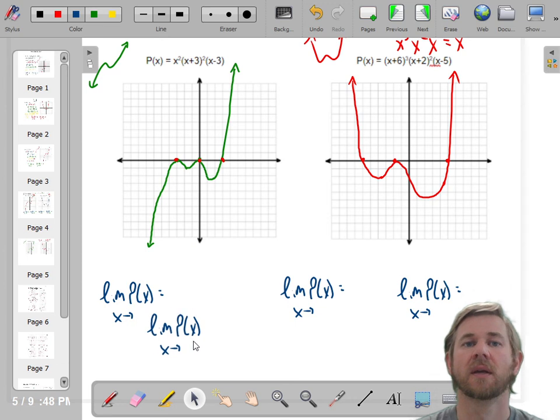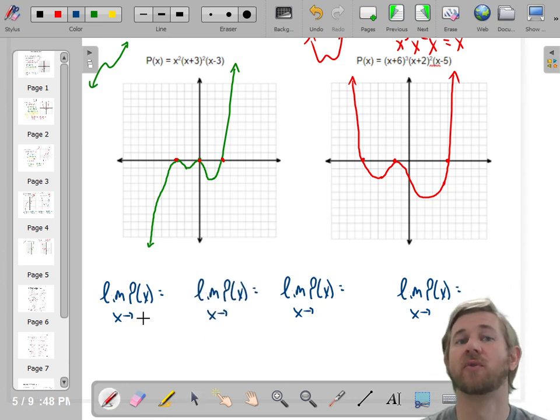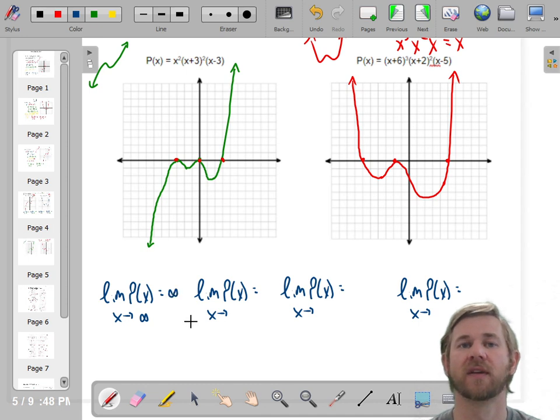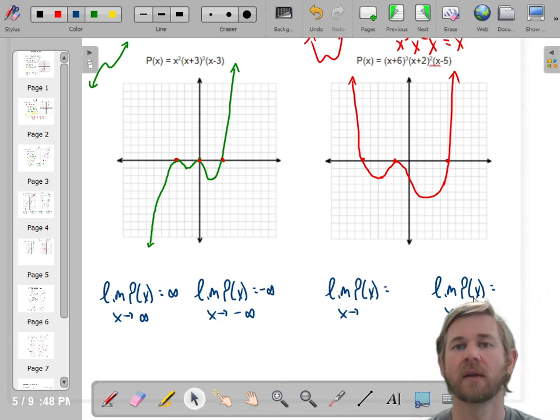Okay. So as I go to the right, as x goes to infinity, y goes up to positive infinity. As you go to the left, as x goes to negative infinity, y goes down, so that is also negative infinity. As you go to the right in this one and the left in this one, they both go up again, so these are both positive infinity.